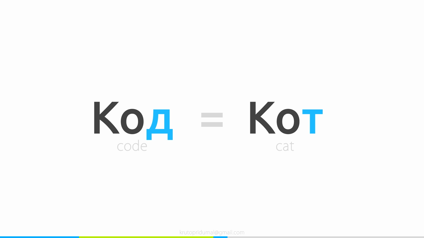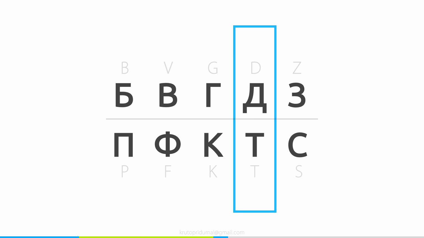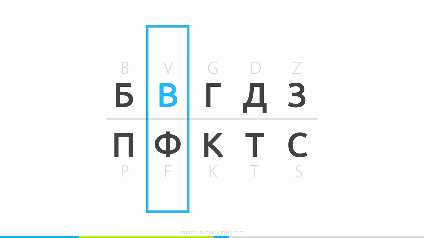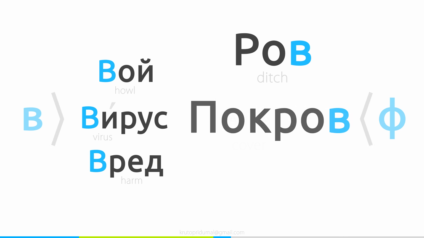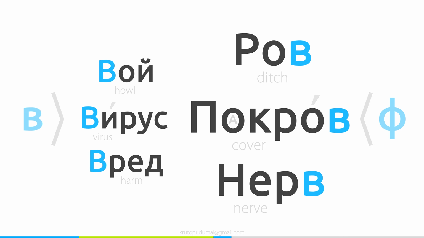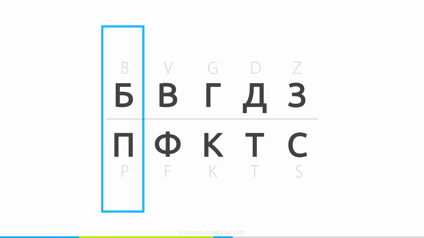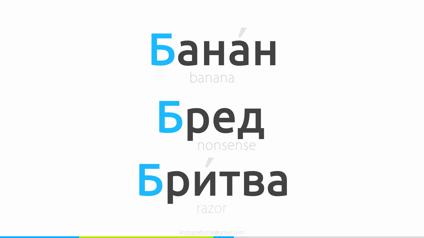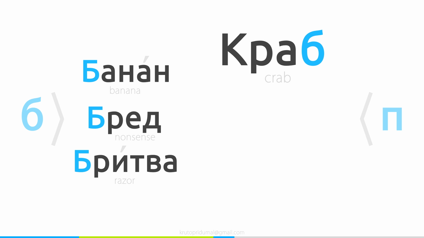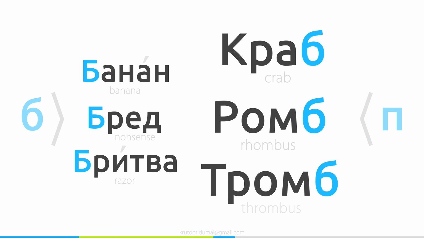Now this happens not only with D, also with other consonants like V. When it's right at the end, it sounds like F. Вой, вирус, вред, ров, покров, нерв. They lose their voicing just like that. B becomes P. Банан, бред, бритва, краб, ромб, тромб.